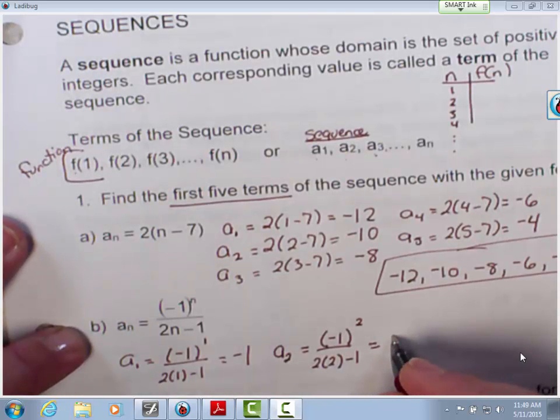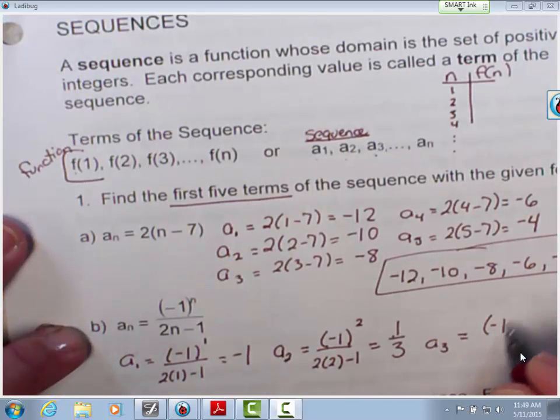And on that one we get positive 1/3. Then we do A sub 3, replacing n with 3 this time. We get negative 1/5.